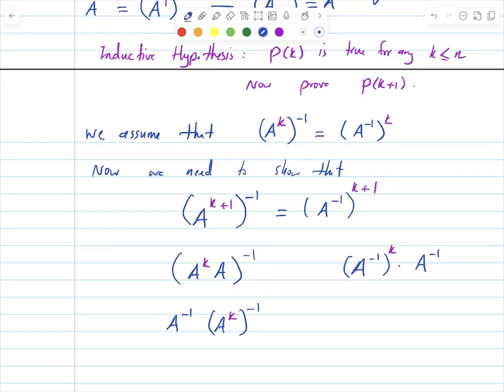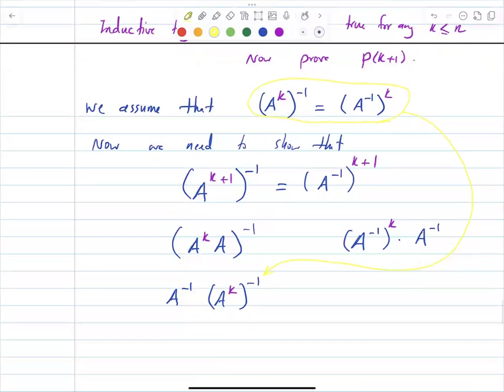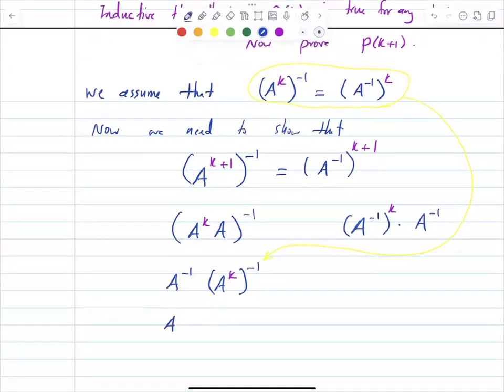But we know that from the inductive hypothesis, we have this property. We can use the property here and rewrite this as the inverse of A multiplied by the inverse to the power k. This can be written as, just basic multiplication, AB is the same as BA, so you can switch these two.